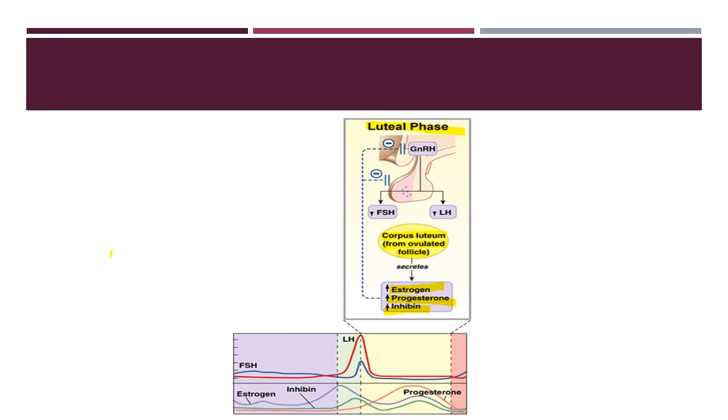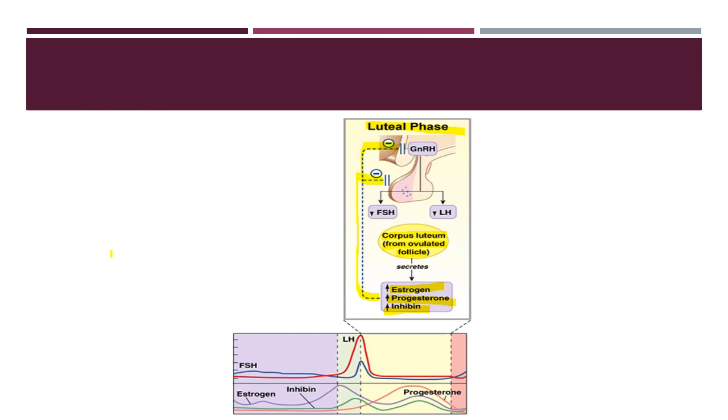And all of these will have a negative feedback loop on both the anterior pituitary gland and the hypothalamus, inhibiting both gonadotropin releasing hormone and anterior pituitary hormones, the gonadotropins FSH and LH.